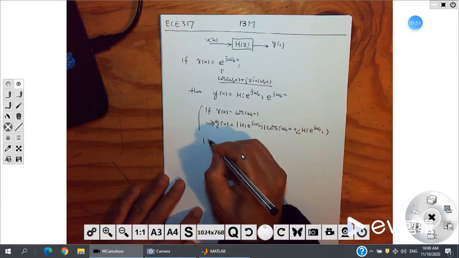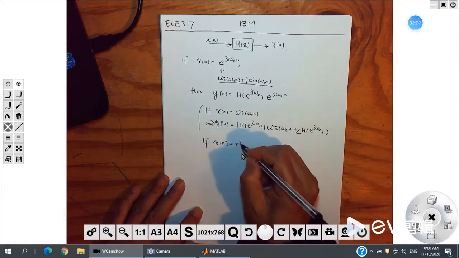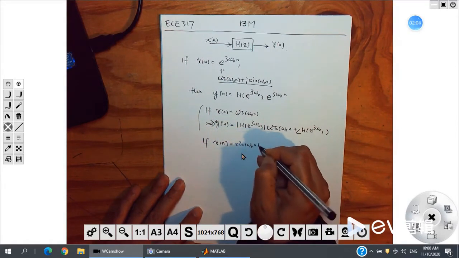And if x of n is a sine, it will be similar.